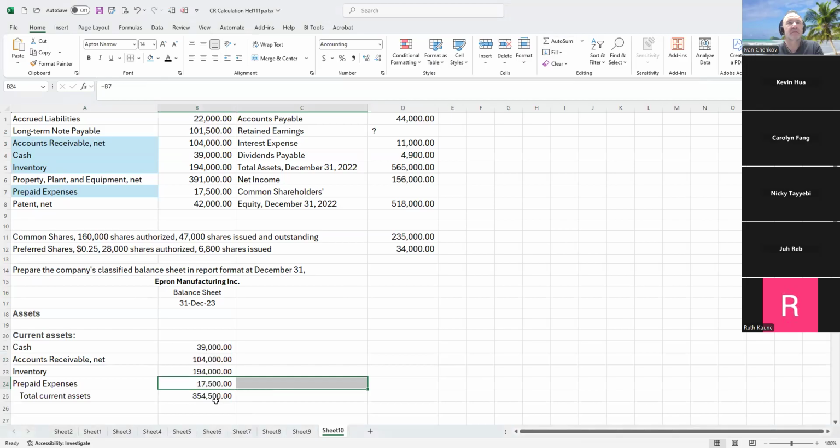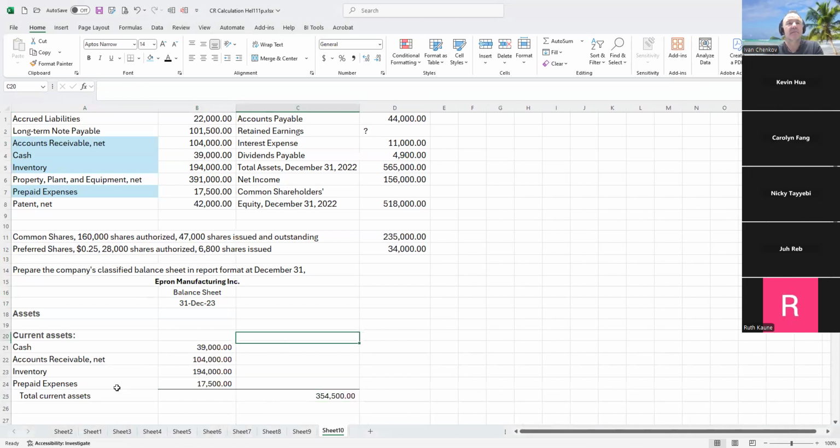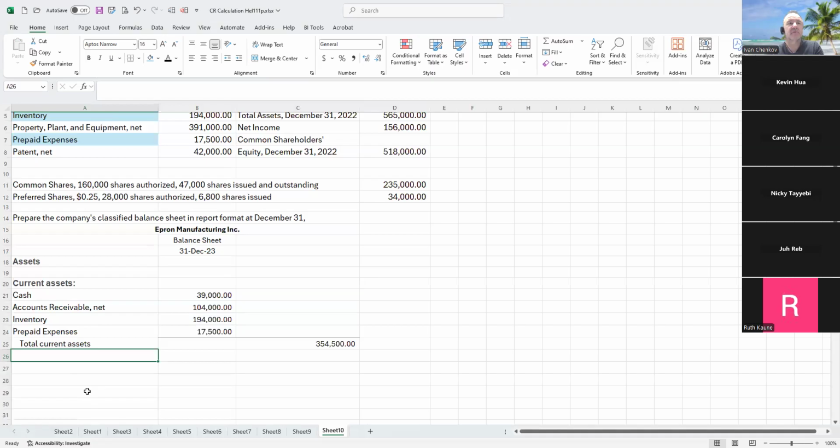And let's present it properly. This one's going to disappear from here. It's going to come here. Boom. First line is done. We have our total current assets. Let's keep going now. What's next? Next thing will be long-term assets.